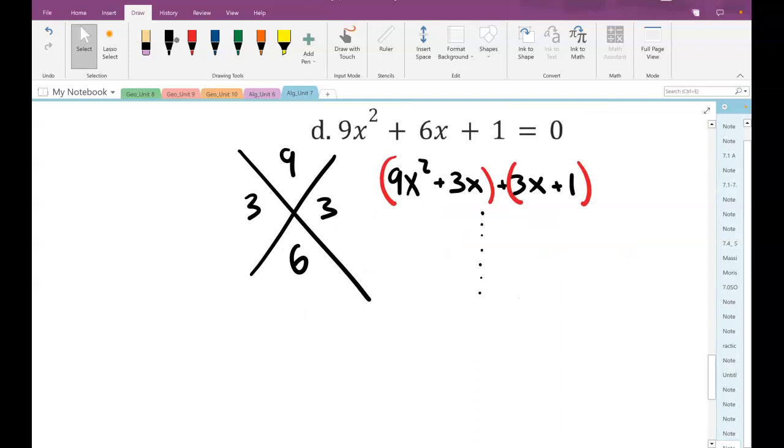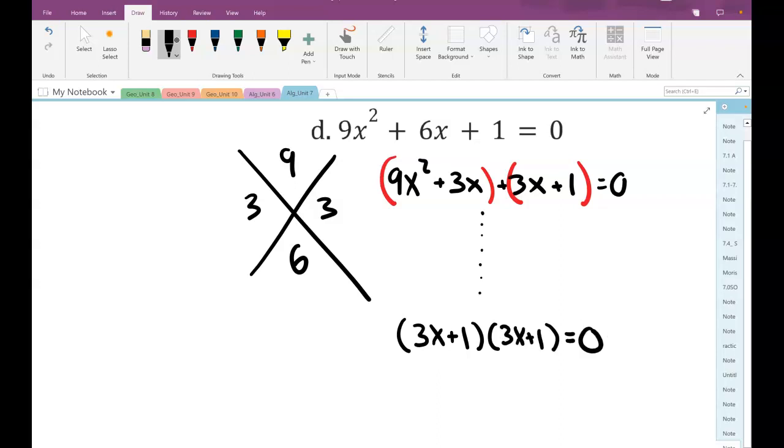Our answers would be 3x plus 1 and 3x plus 1 is equal to 0. So then our actual final answer would be negative 1 over 3 if we set it equal to 0 and solved, because we would subtract 1, divide by 3, negative 1/3.